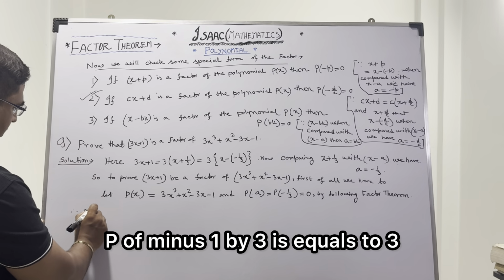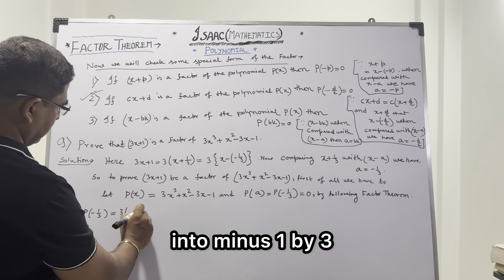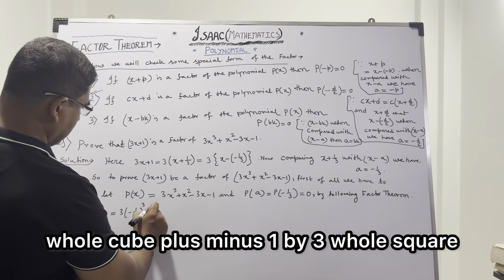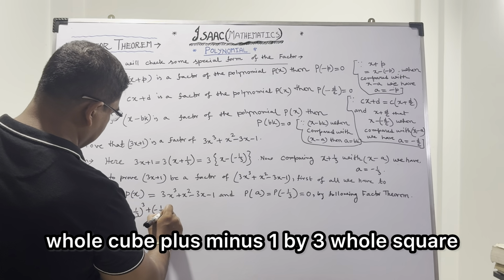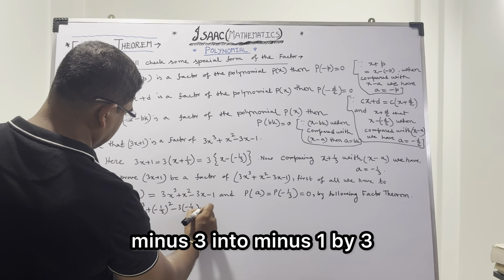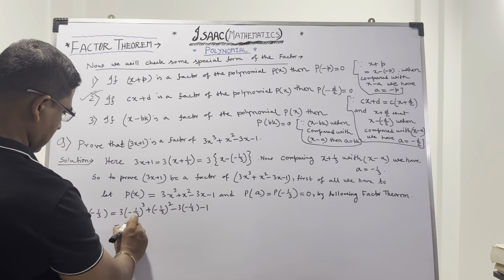Therefore, p of minus 1 by 3 is equal to 3 into minus 1 by 3 whole cube plus minus 1 by 3 whole square minus 3 into minus 1 by 3 minus 1. 3 into minus 1 by 27 plus 1 by 9. 3 cancelled out. This becomes plus 1.